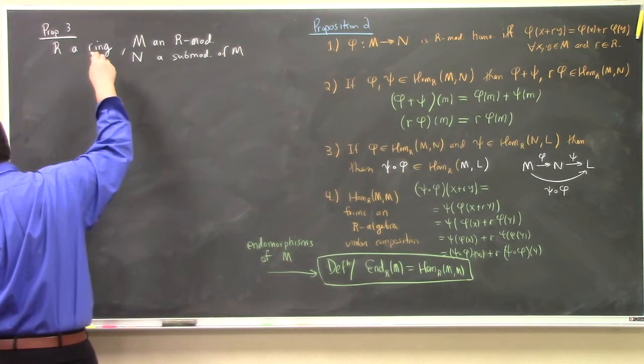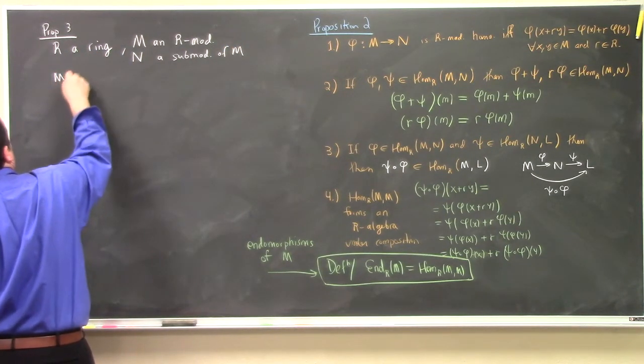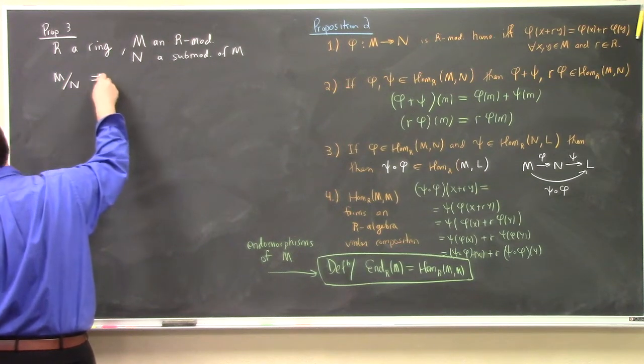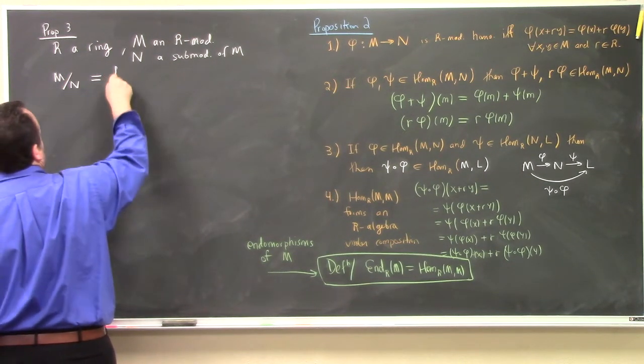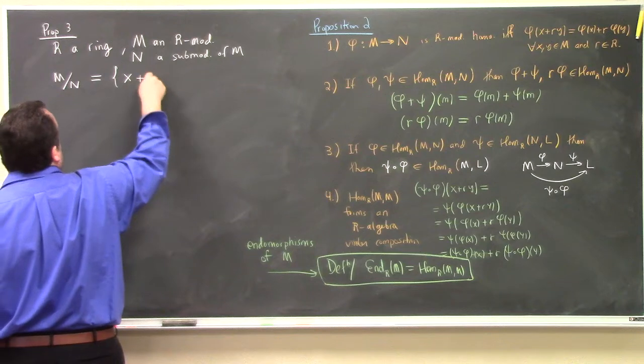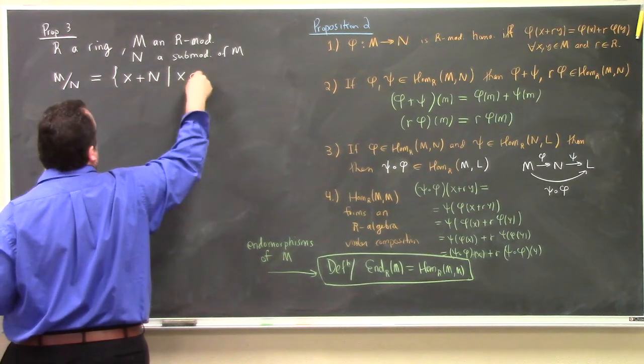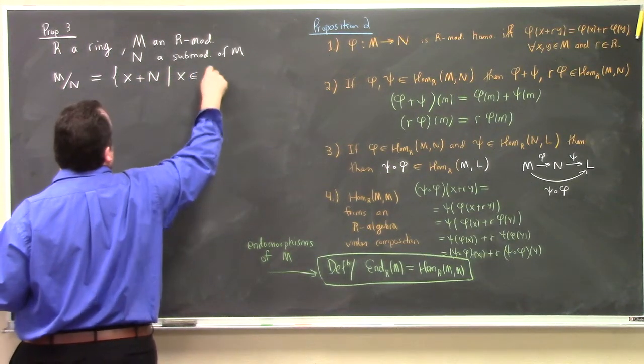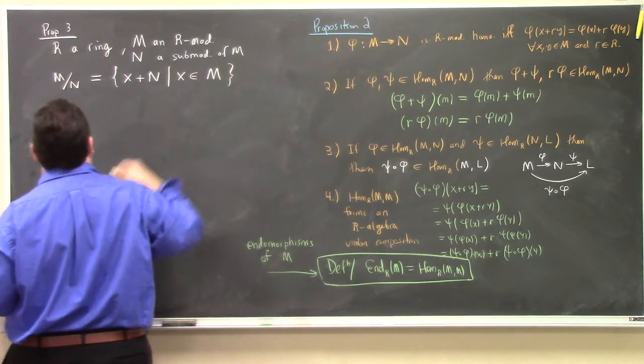then we can talk about M mod N, which is what? That is the set of x plus N such that x is an element of M. That's the factor group.